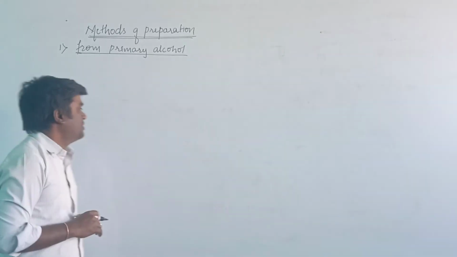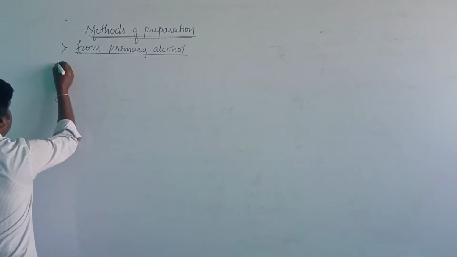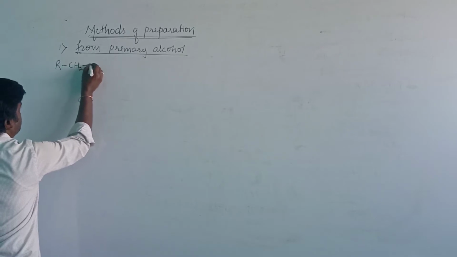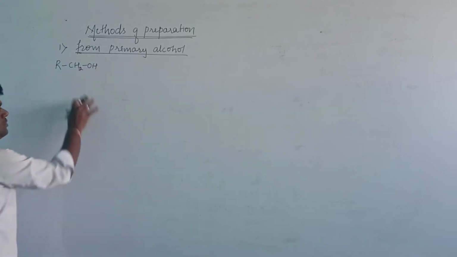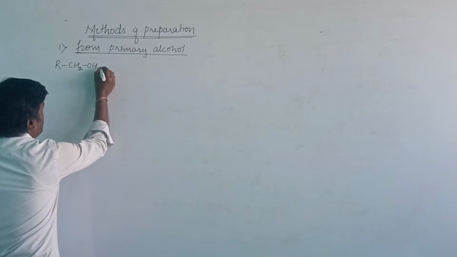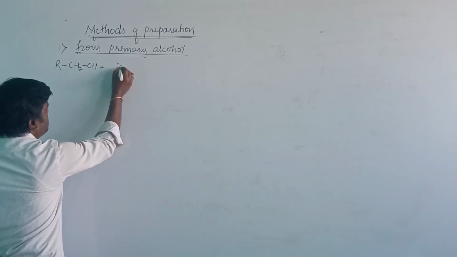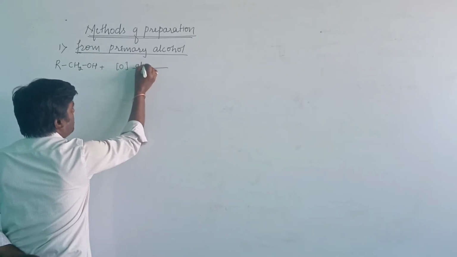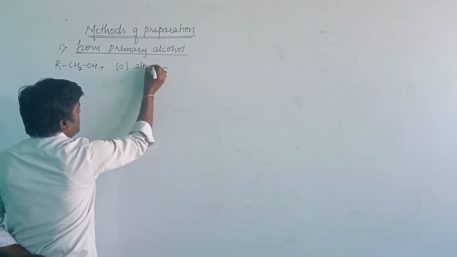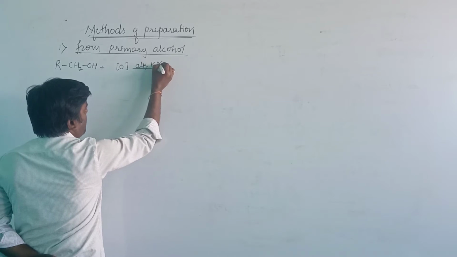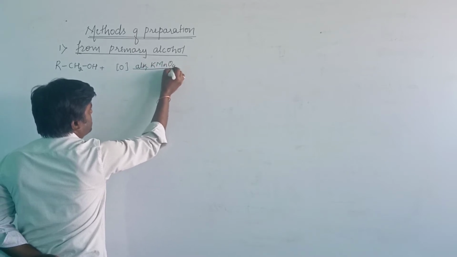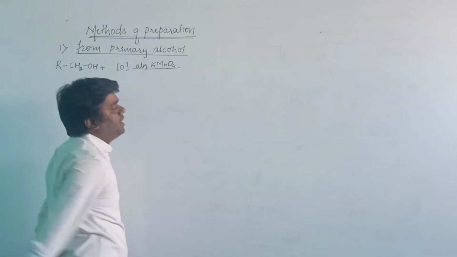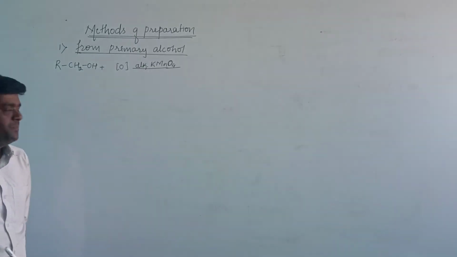Let us see the reaction here. This is the general representation for a primary alcohol. Primary alcohols undergo oxidation in the presence of alkaline KMnO4, or we can take acidified K2Cr2O7, that is acidified potassium dichromate.